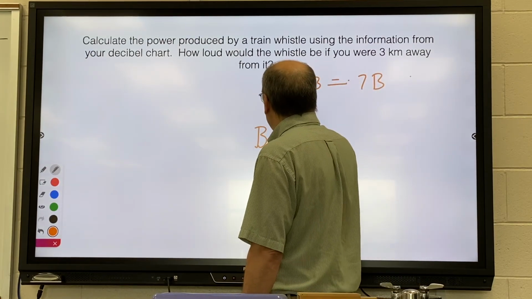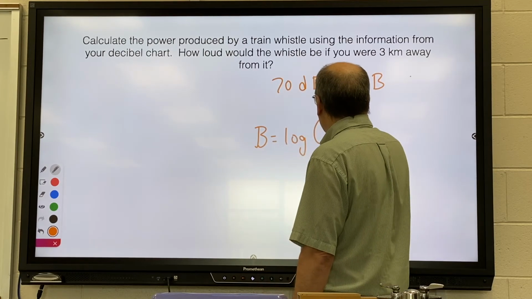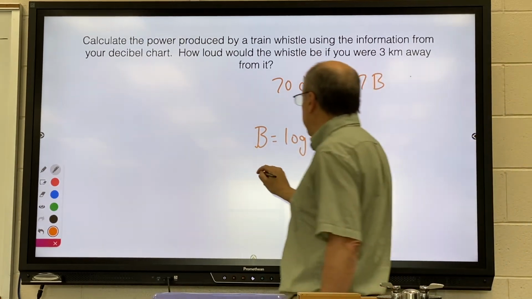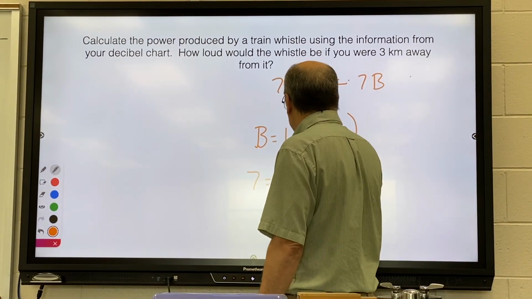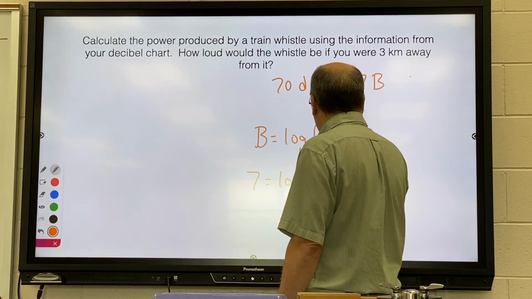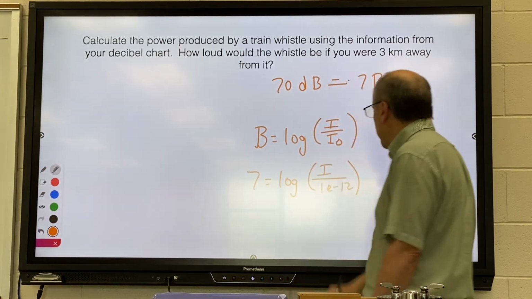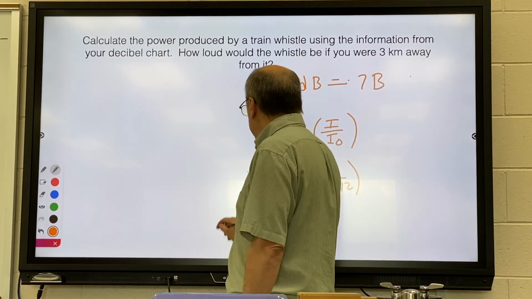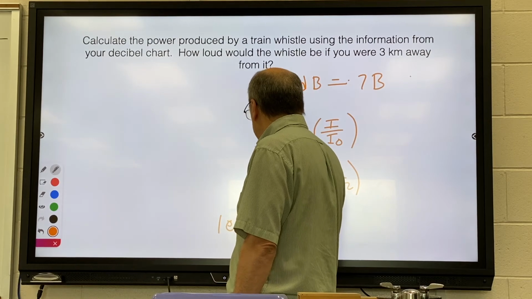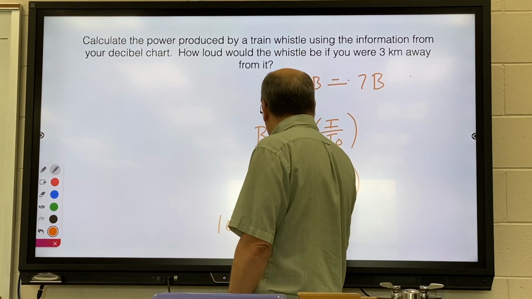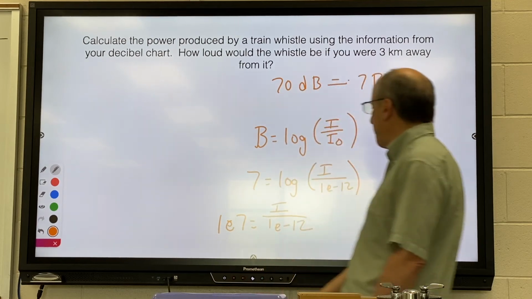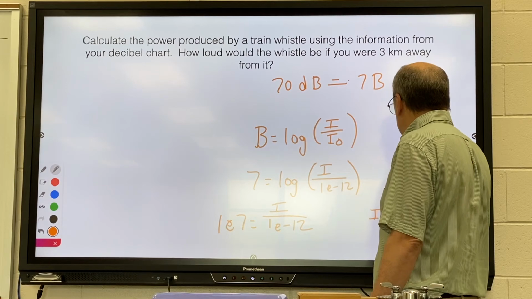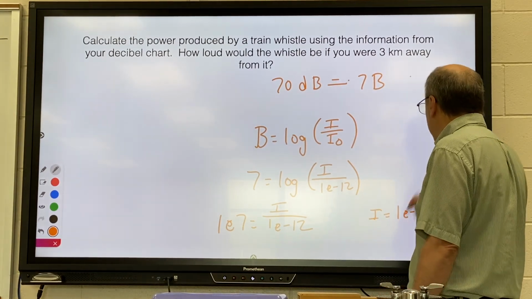We then write our formula, and you could use either version. You plug in 7 as the level. Hopefully you remember what has a log of 7. So this would be 1 e to the 7th equals I over 1 e to the negative 12th. You then cross multiply, and you get I equals 1 e to the negative 5th.